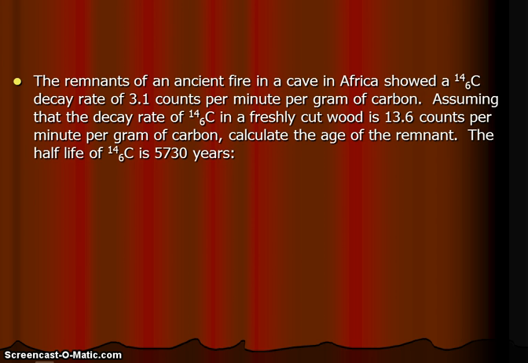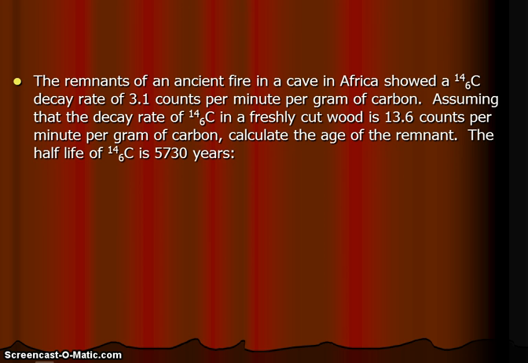So let's look at an example. We've got this problem. It says the remnants of an ancient fire in a cave in Africa show a carbon-14 decay rate of 3.1 counts per minute per gram of carbon. Assuming that the decay rate of carbon-14 in freshly cut wood is 13.6 counts per minute per gram of carbon, calculate the age of the remnant.